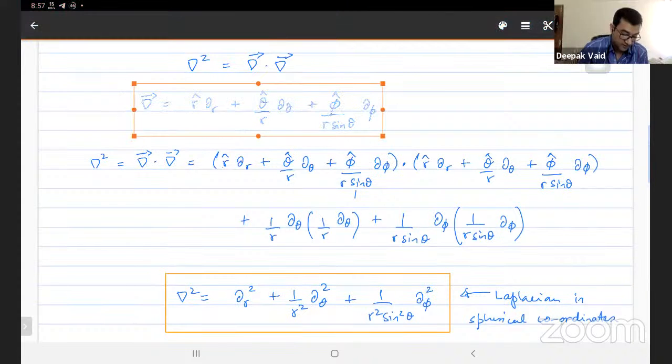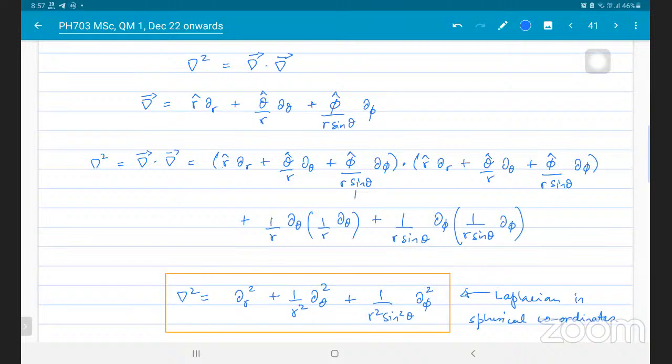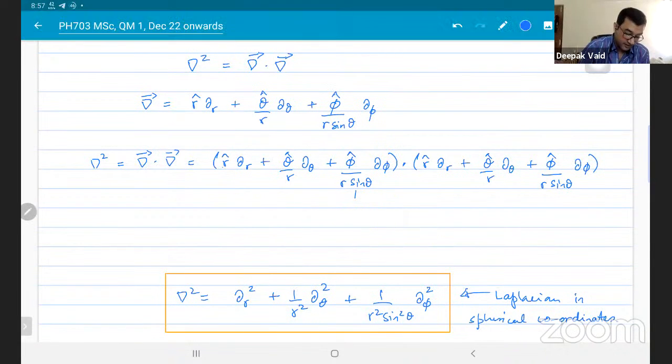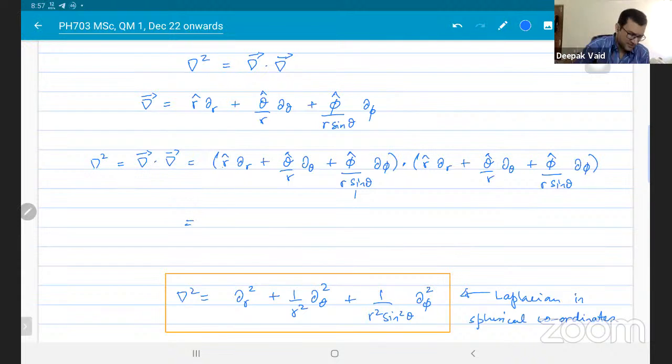Where is the divergence? I'm not writing the divergence. In del squared term.